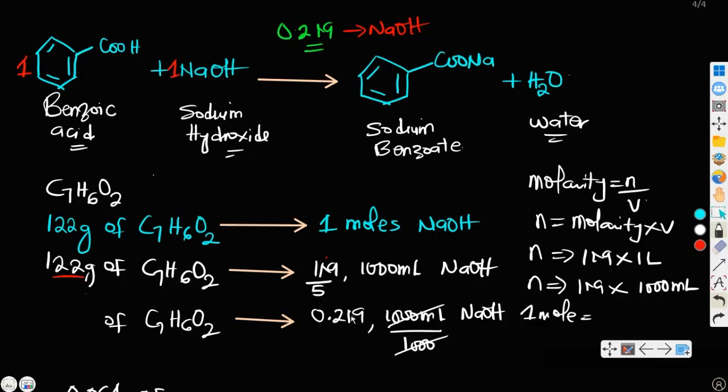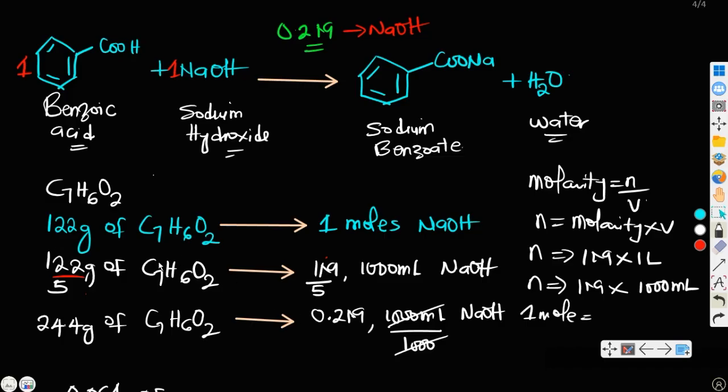Now, according to what we have done before, this 122 will also be divided by 5, because anything you divide here, you divide here. So it gives us 122 divided by 5, that will give us 24.4 gram of this will react with 0.2 mole of 1000 milliliter.